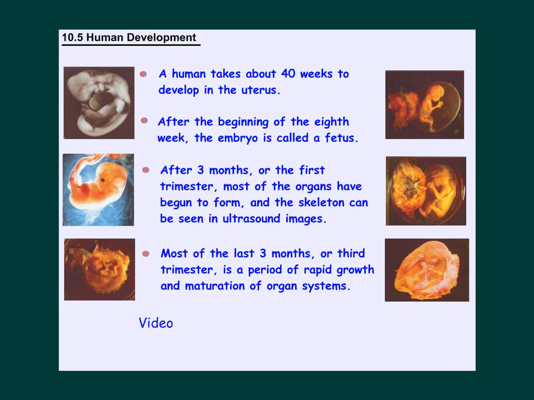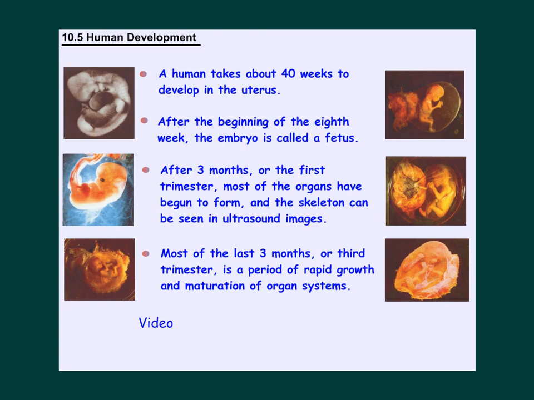After the beginning of the 8th week, so about 2 months, the embryo is called a fetus. So after 8 weeks of development and cell growth and differentiation, the embryo is considered to be a fetus. After 3 months, or the first trimester, most of the organs have begun to form, and the skeleton can be seen in ultrasound images.